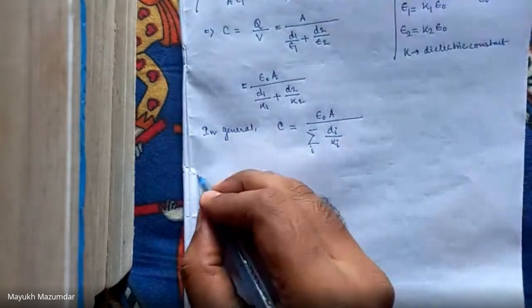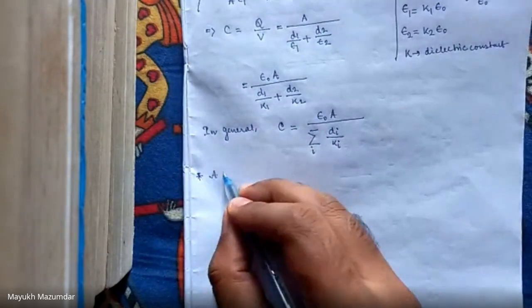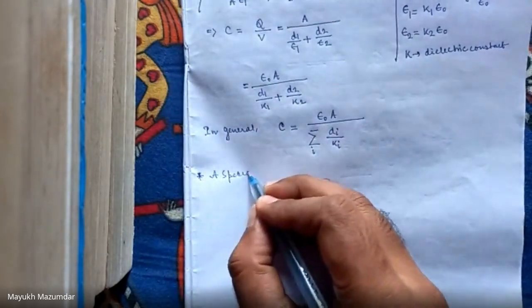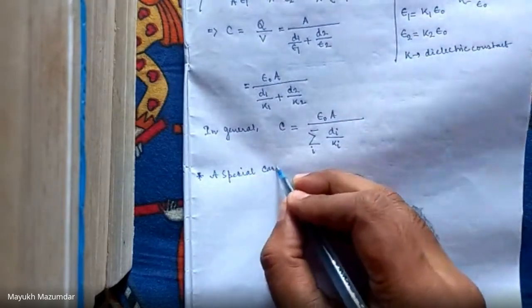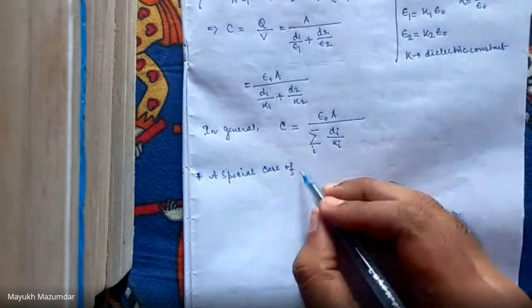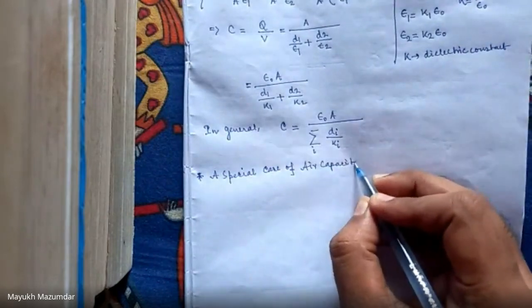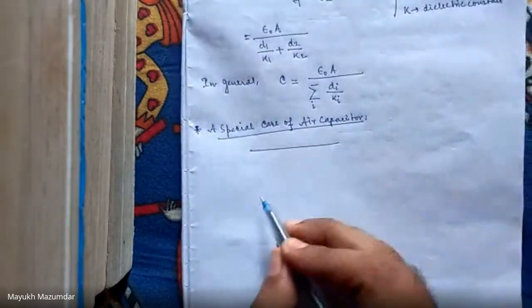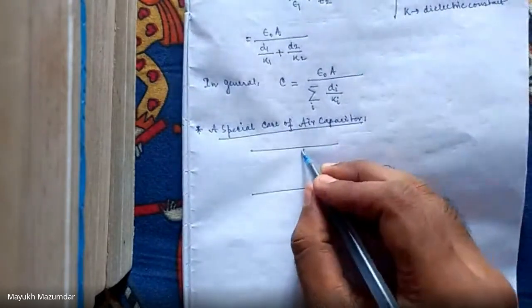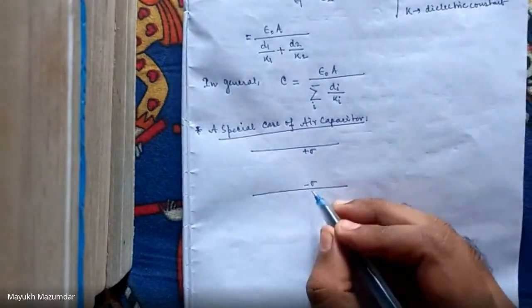Fine. Now another special case here: the case of an air capacitor. It's not purely an air capacitor. Why? We'll see. Suppose I have an air capacitor with charge densities sigma plus and sigma minus.